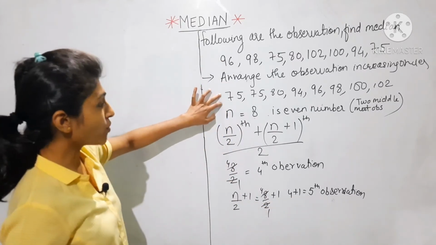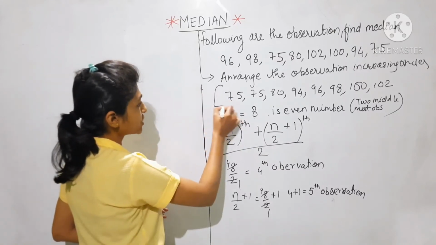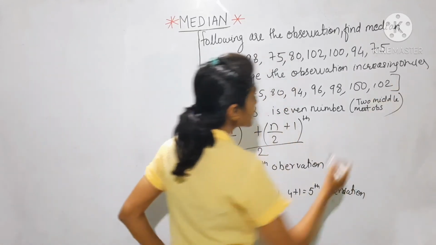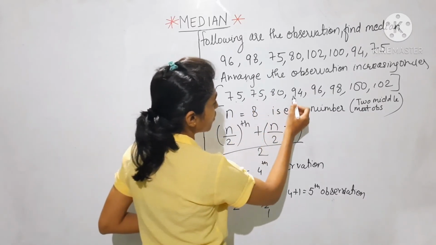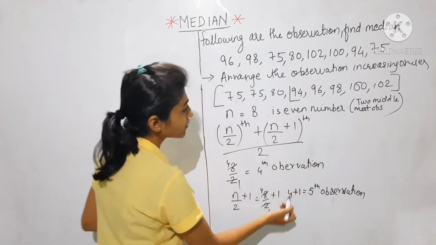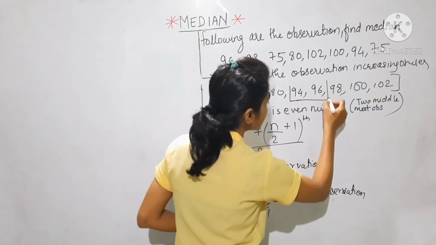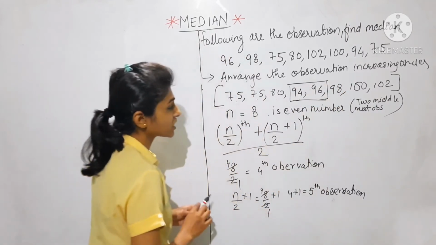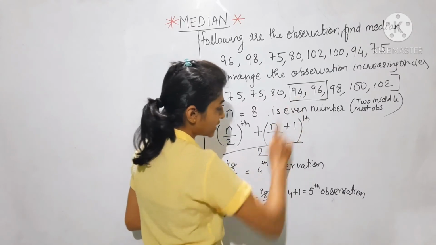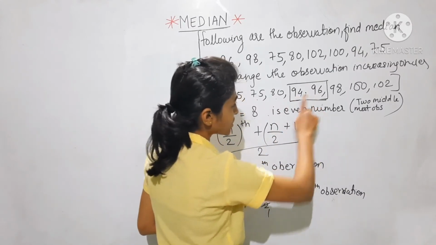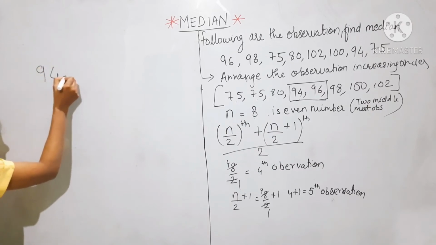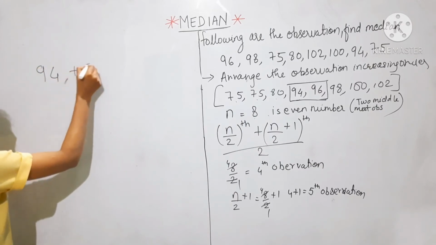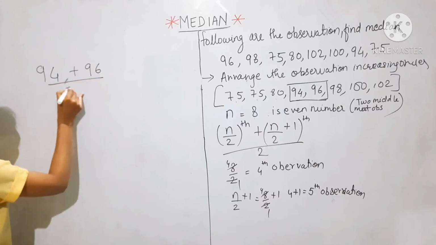Now in these observations, which I have arranged in increasing order, count the fourth observation: 1, 2, 3, 4. It is 94, and the fifth observation is 96. So these are the 2 observations. Now I will write here (94 plus 96) divided by 2.